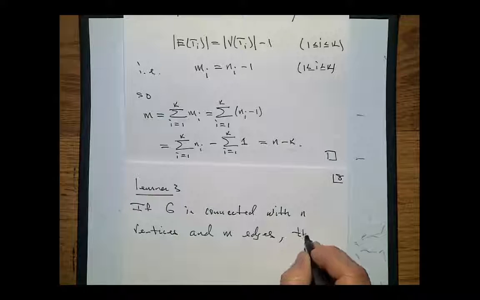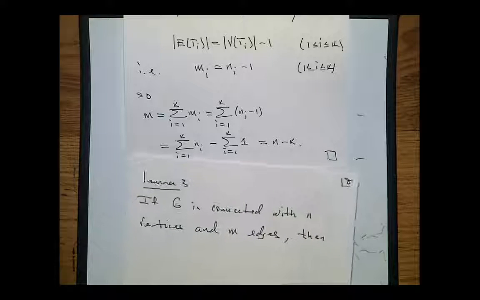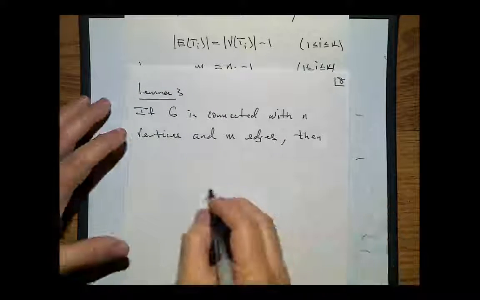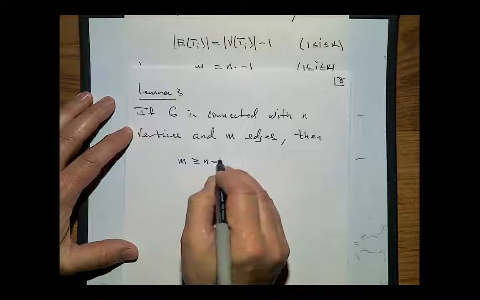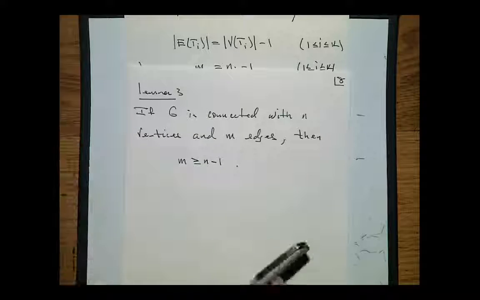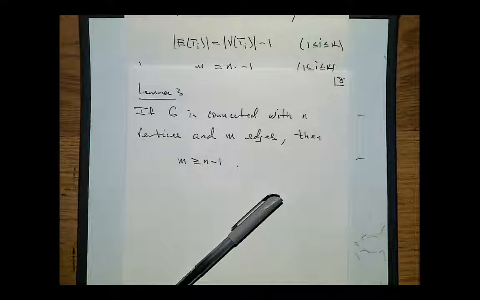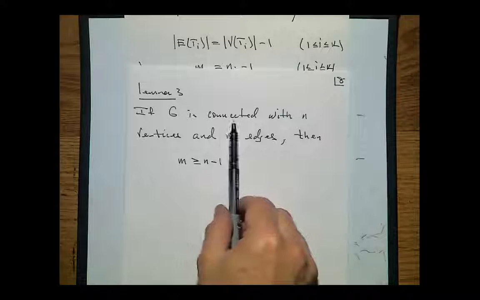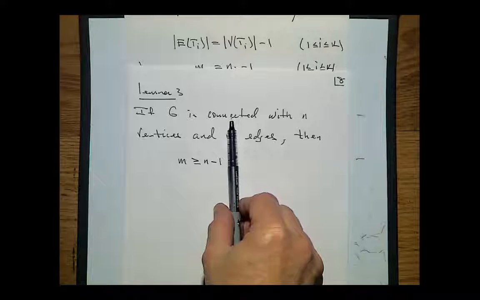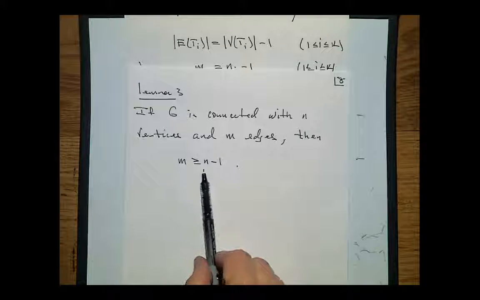Then m is greater than or equal to n minus 1. So do you see how this is a generalization? Certainly if G were connected and acyclic, namely a tree, we already showed in lemma 1 that m is equal to n minus 1.